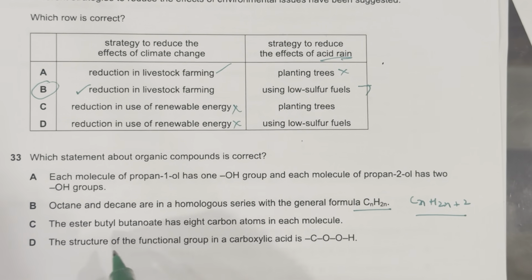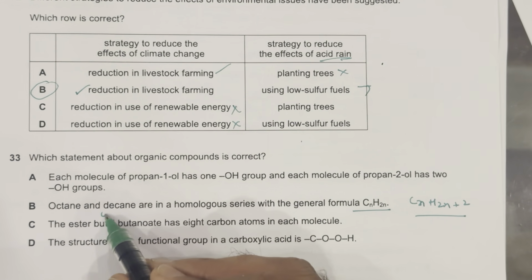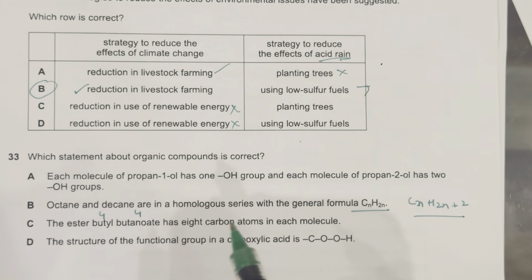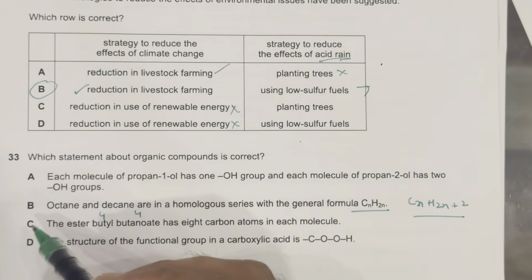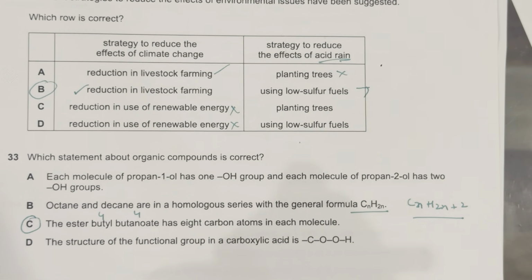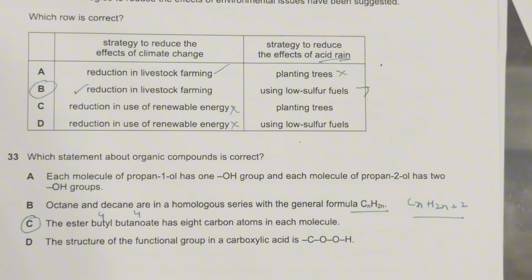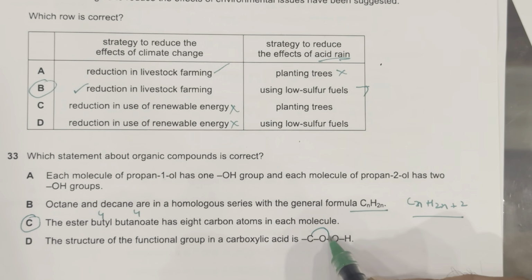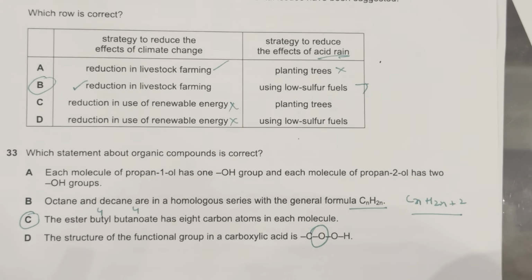The ester butyl butanoate has 8 carbon atoms. Yes, this is right. Butyl has 4 carbons, butanoate has 4 carbon atoms. Just for the sake of understanding, we will read part D. The structure of the functional group in carboxylic acids is C. No, this is also wrong because it carries a double bond over here. So option C is the correct option.